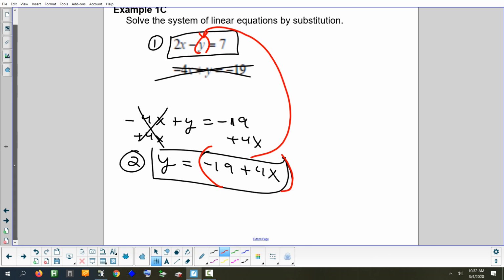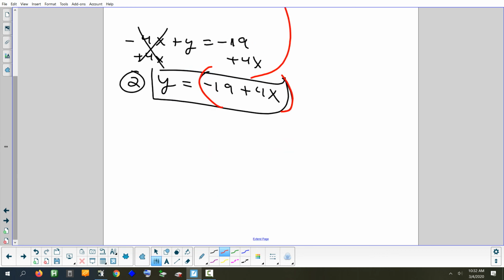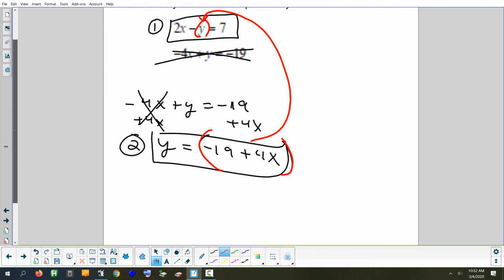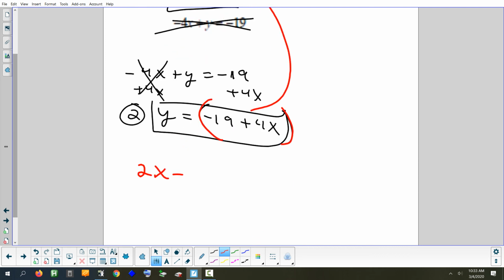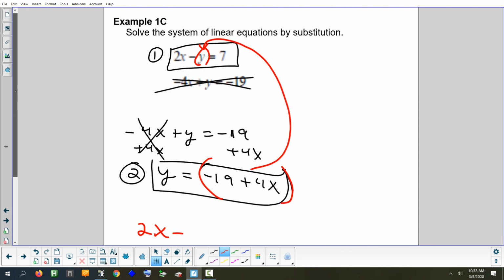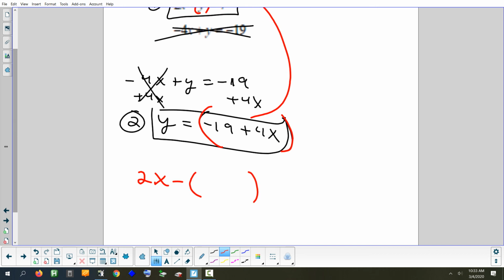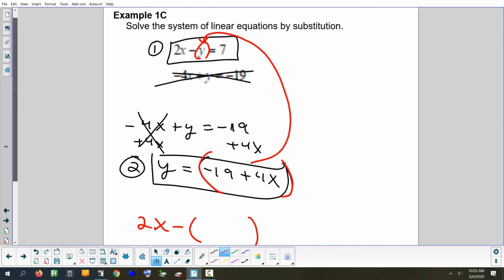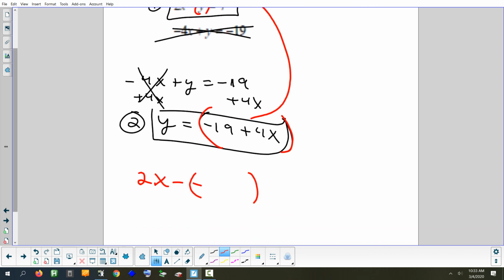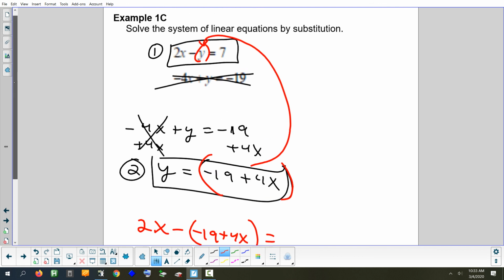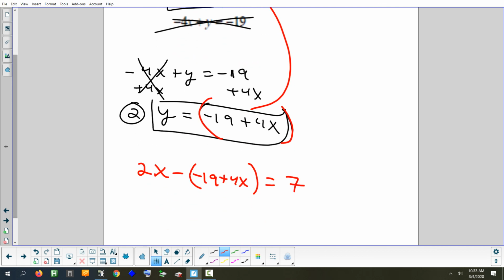So let's do that and just write it very carefully. Now you're going to have 2x minus, keep the parentheses, leave a little bit of space to fill in for the y, negative 19 plus 4x, equals 7.